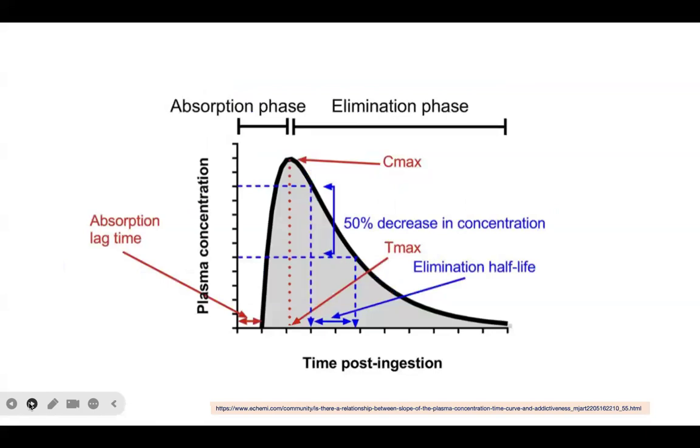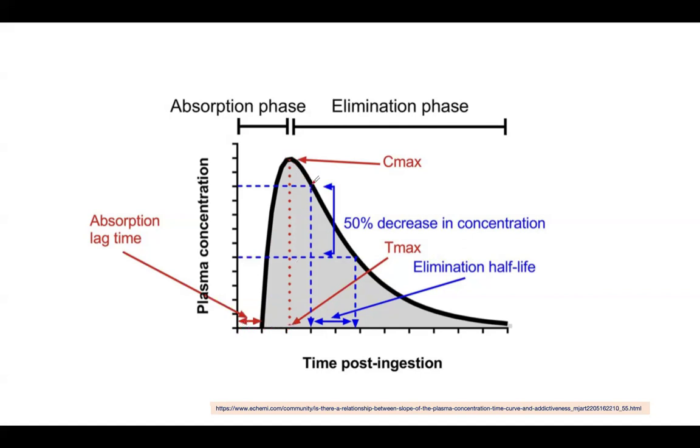When we talk about pharmacokinetics, this curve, with the x-axis showing time post-ingestion and the y-axis plasma concentration, is an important part. For an oral drug, the absorption will take some time, so this is the absorption lag time. Then the concentration of the drug increases and reaches the maximum concentration, and the time taken to reach it is the Tmax.